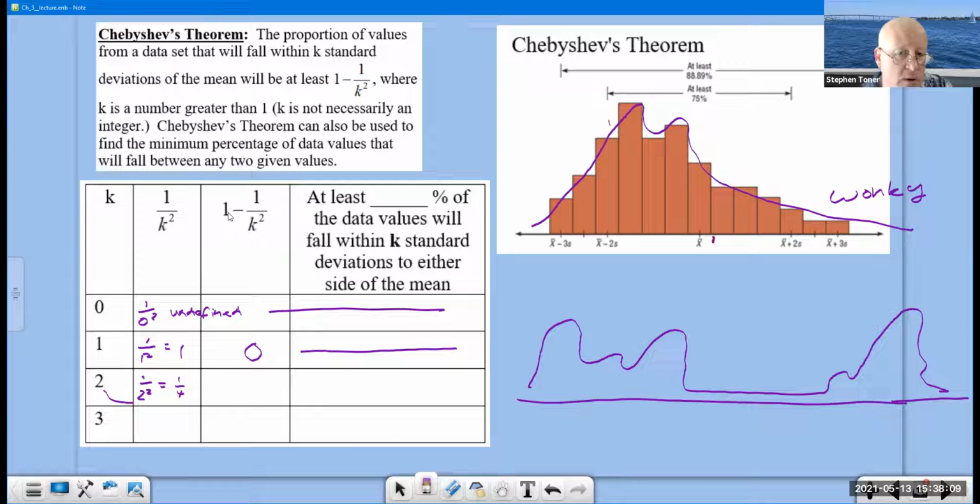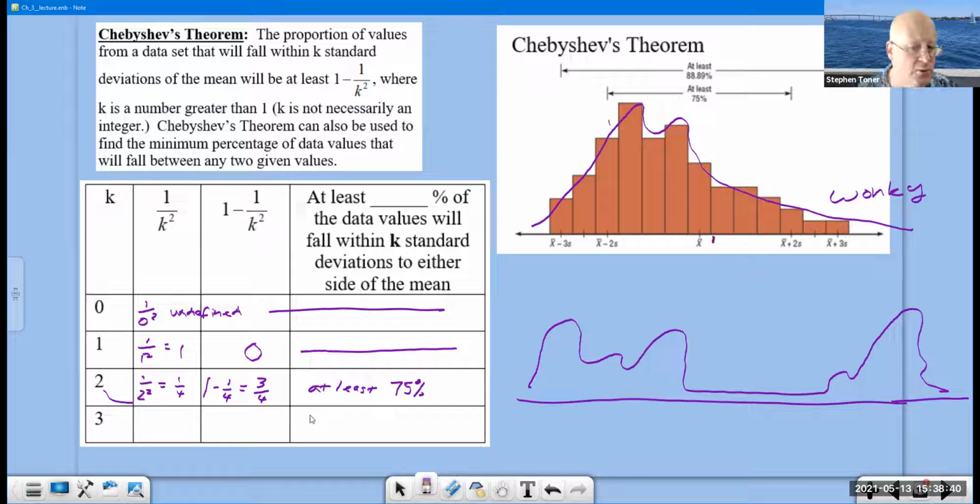If you go to this formula, 1 minus that value of 1/4, then I get 3/4. Now 3/4 as a decimal is 0.75. So I'm going to say at least 75% of the data values will fall within 2 standard deviations to either side of the mean, no matter how wonky the data set looks, okay?